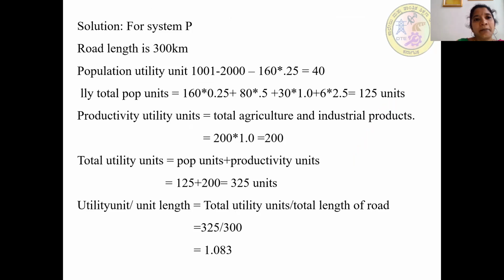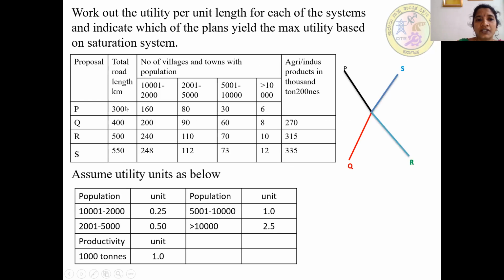For example, I'll take system 1. The road length is 300 meters. The population unit for 1001 to 2000, they have given us 160. So 160 multiplied by the utility unit, that is 0.25, you'll be getting 40. Similarly, for 2001 to 5000, you have 80, so 80 into 0.5.